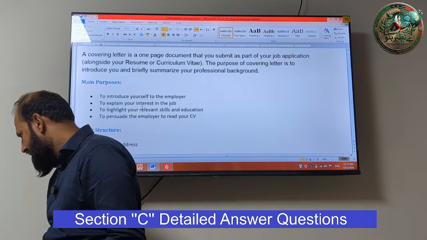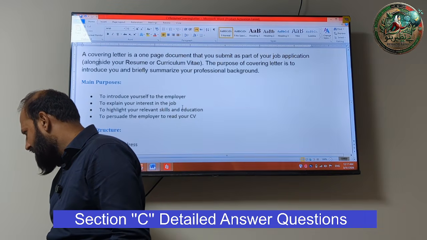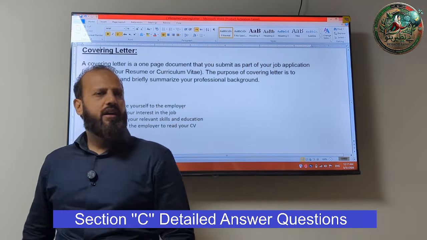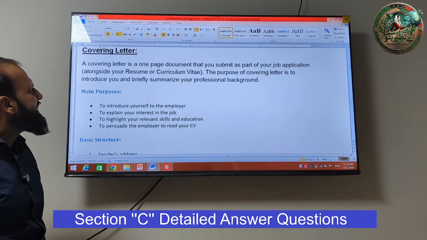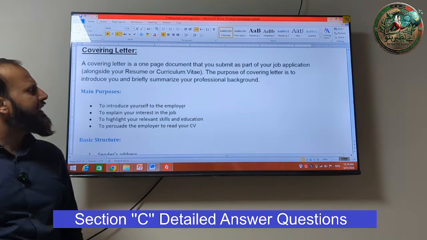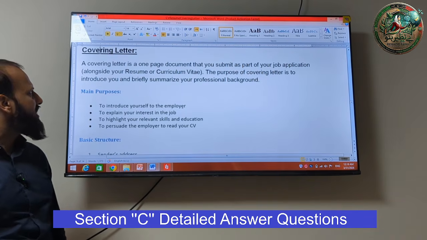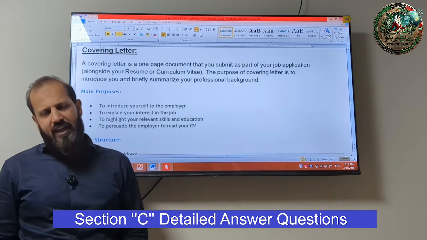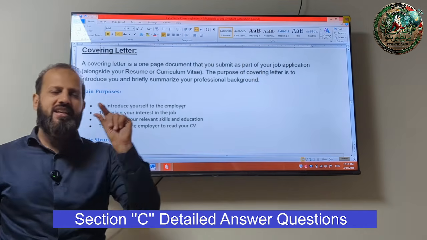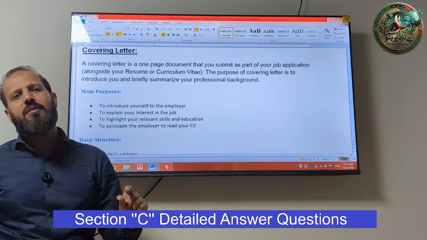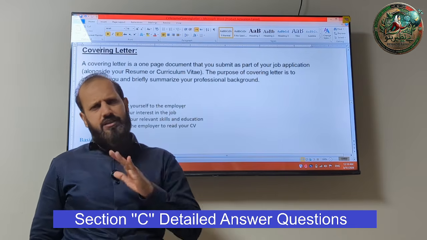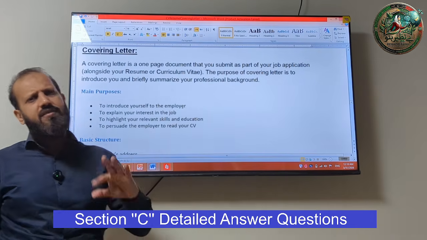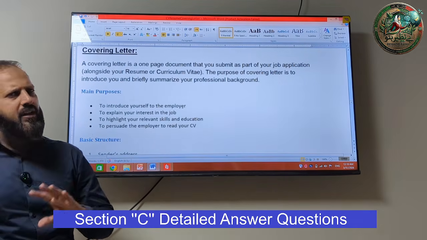Covering letter. A covering letter is a one-page document that you submit as part of your job application alongside your resume, or CV, meaning curriculum vitae. Curriculum vitae is a Latin word. We call it CV in short, and resume and CV are both the same, there is no difference.